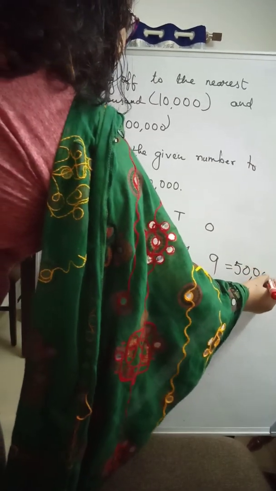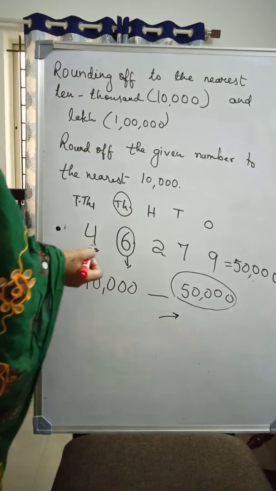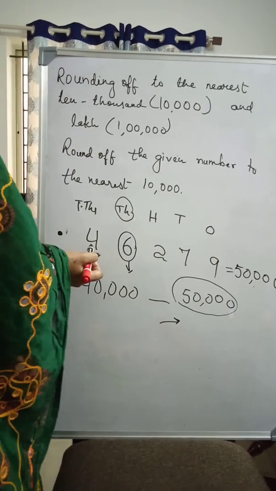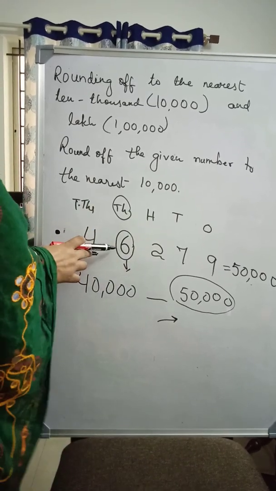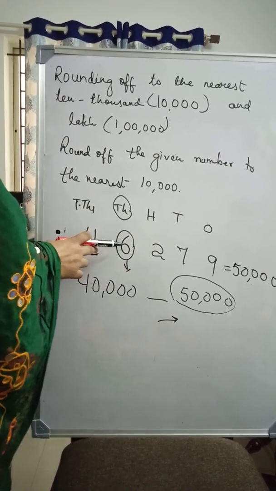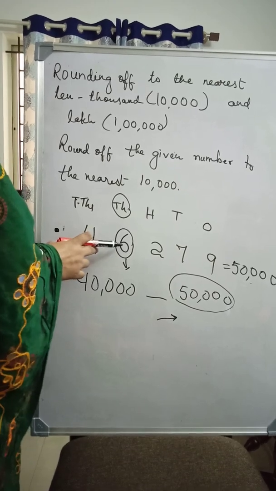Again I am explaining. All of you see, we have to round off to the nearest 10,000. Correct. Now we have to look at the digit at the thousand place, 6. This 6 is in between 5 to 9.